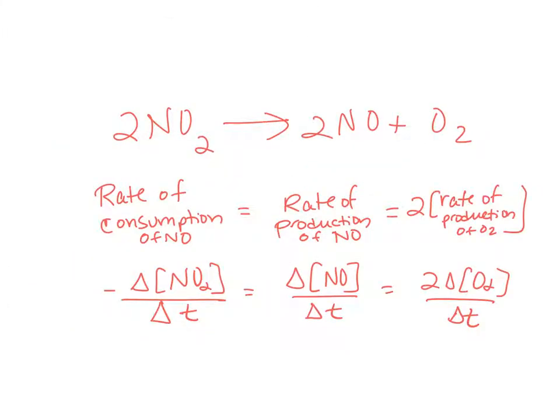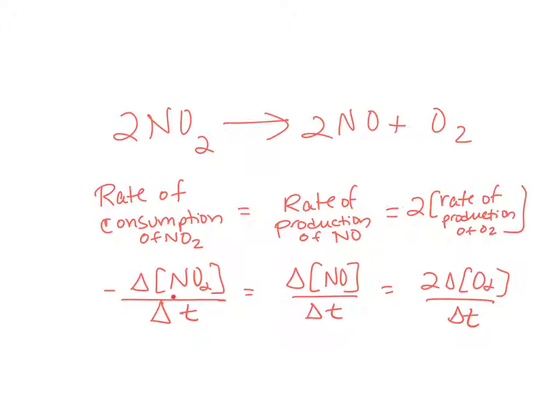So let's look at that again, because it tends to confuse people. We have a reaction right here. 2 nitrogen dioxide decompose into 2 nitrogen monoxide plus oxygen. The rate of consumption of nitrogen dioxide is equal to the rate of production of nitrogen monoxide, because for every 2 of these that get used up, we make 2 of these.